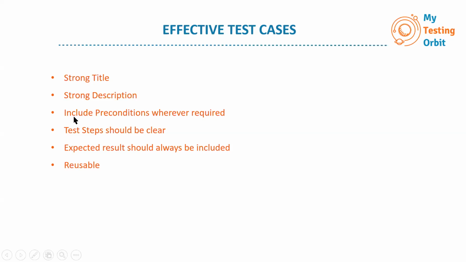Then the next is preconditions, including preconditions wherever required. We already went through what preconditions are, and these are very important because they must be met prior to the test case being executed.